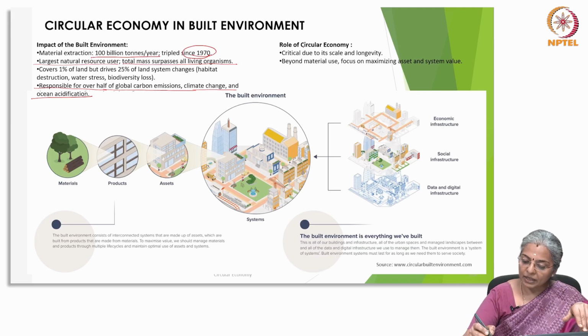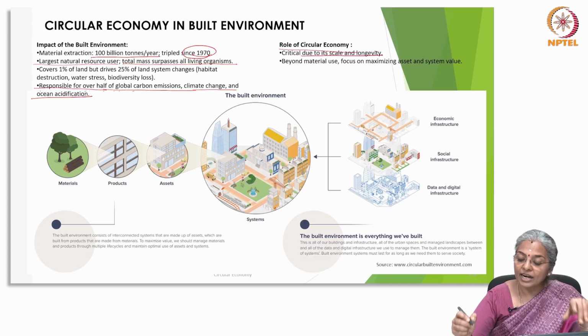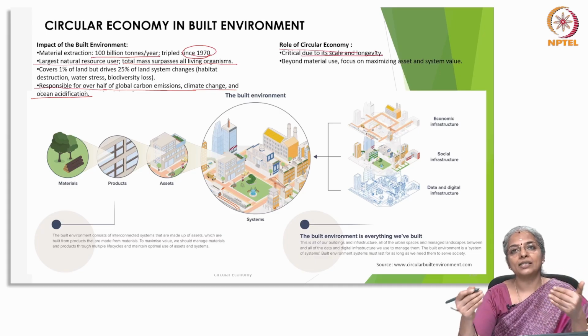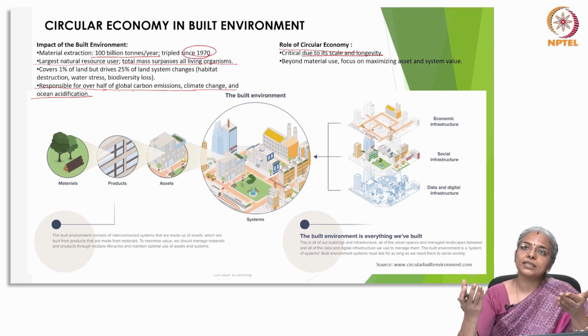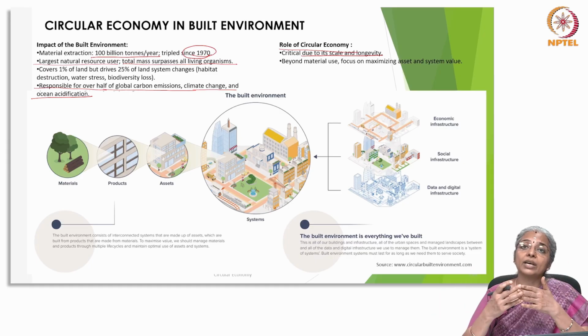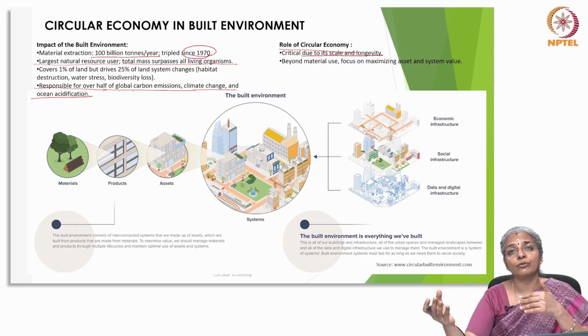Circular economy becomes critical because of the scale and longevity of buildings that we design. The amount of buildings we are designing, the scale of the building, and are we really considering the building to be designed for longer years? Are we looking at a 100-year life span of the building? No, that is also getting reduced.